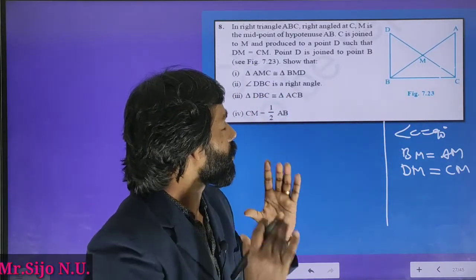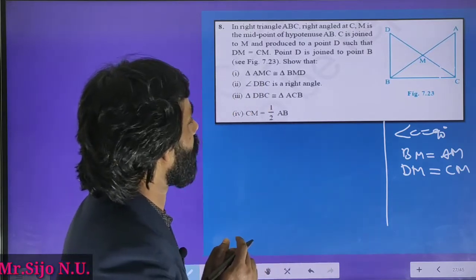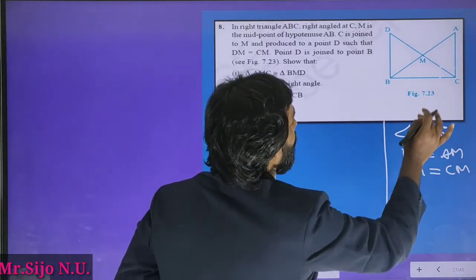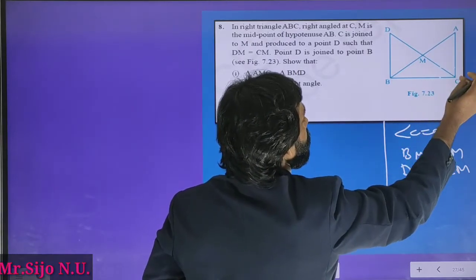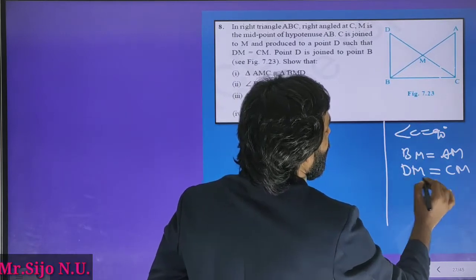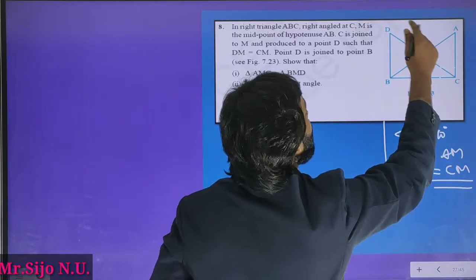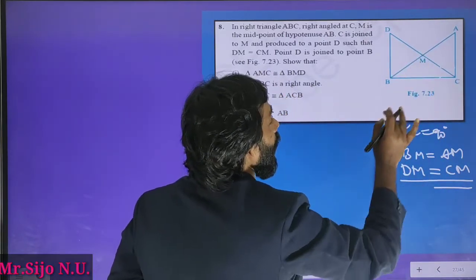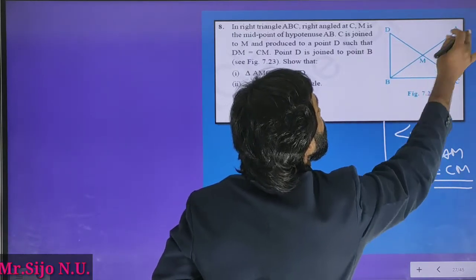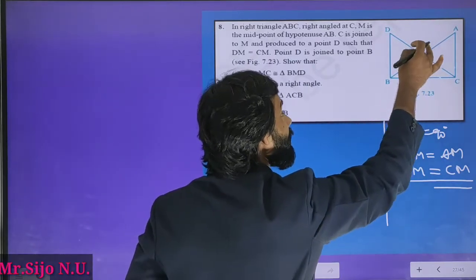So what are the things given? Here BM equal to AM, and DM equal to CM. And this angle equal to this angle.